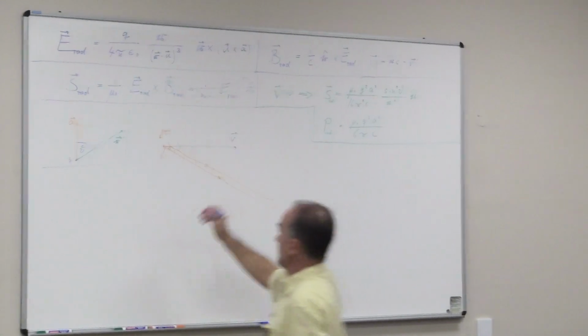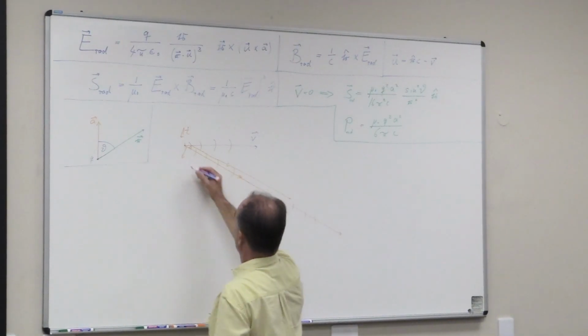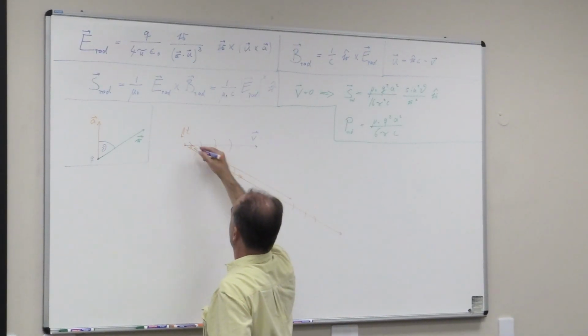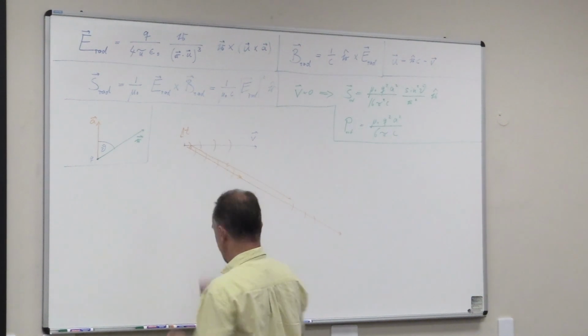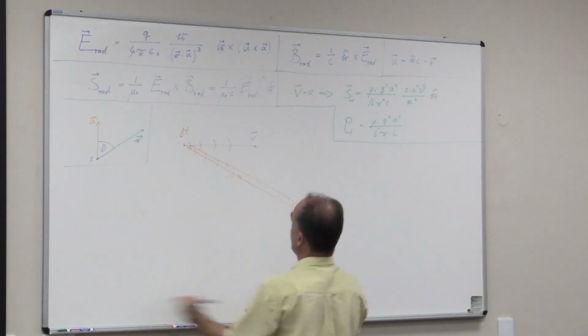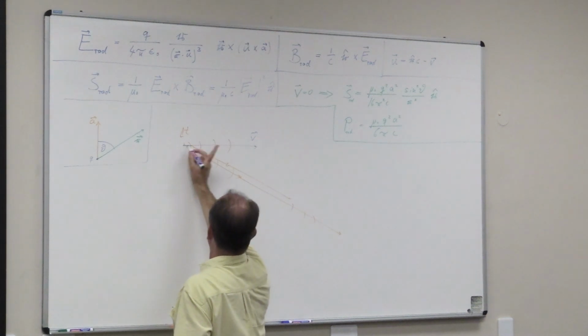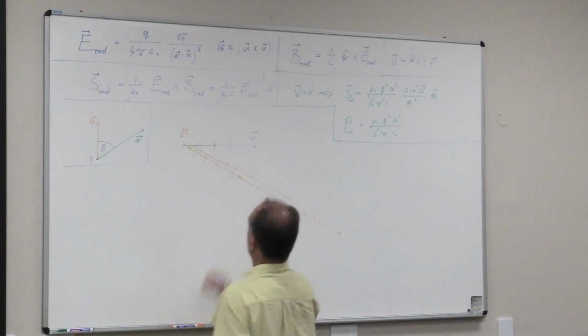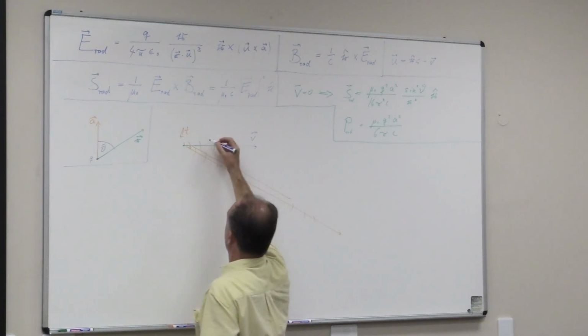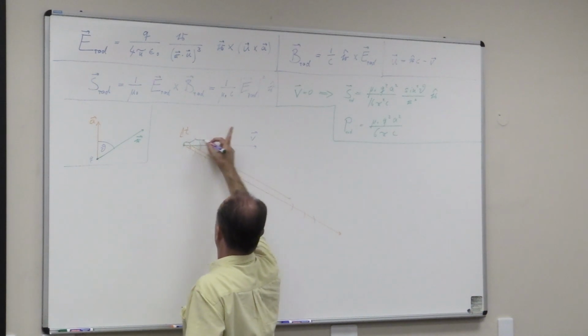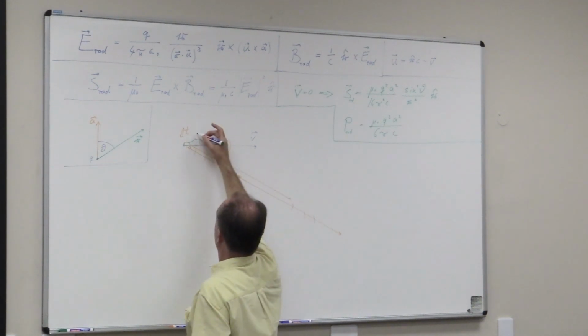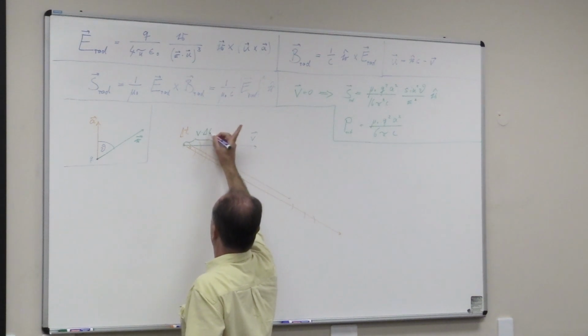So what is this delta L here? Let's make one interval, let's say this is delta t. The length that the charge travels here is velocity v times delta t.